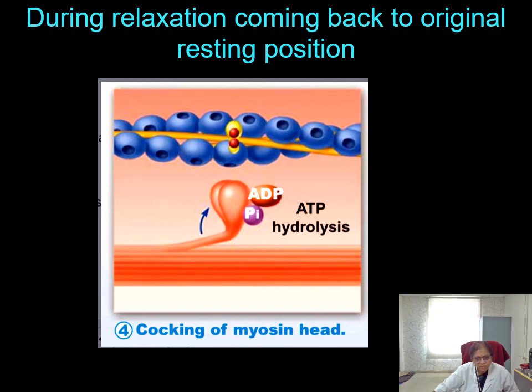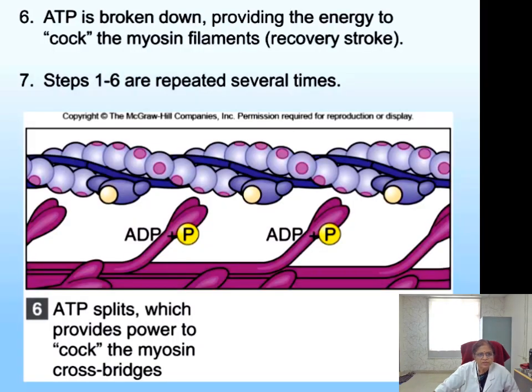So here the movement of the head downwards also needs an active process, getting energy from the breakdown of ATP. ATP hydrolysis is again done by the ATPase enzyme present on the head part of the myosin. So relaxation is also an active process. ATP is again broken down, providing energy to recover the myosin filaments, the recovery stage.